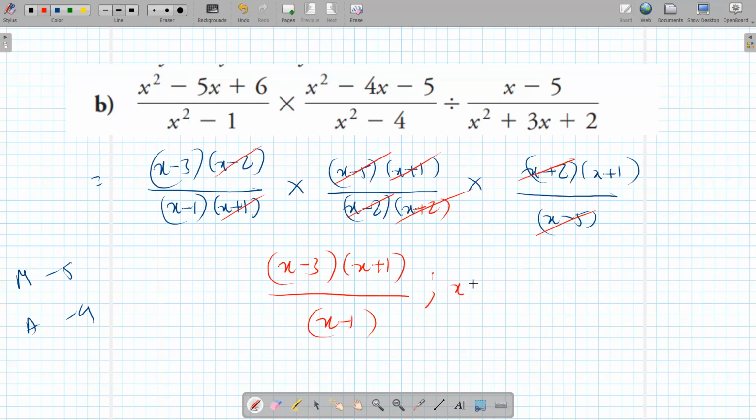What are the restrictions? That's going to be a little bit tricky. X can't be 1.